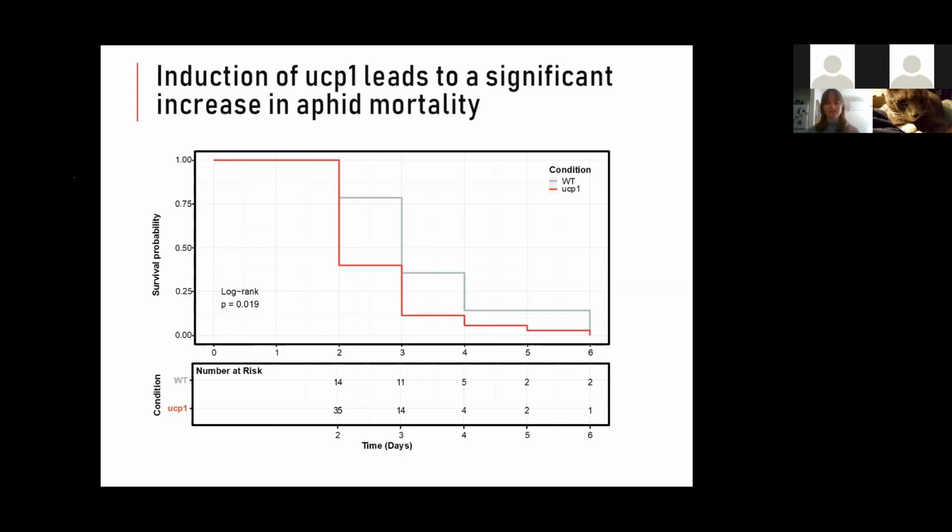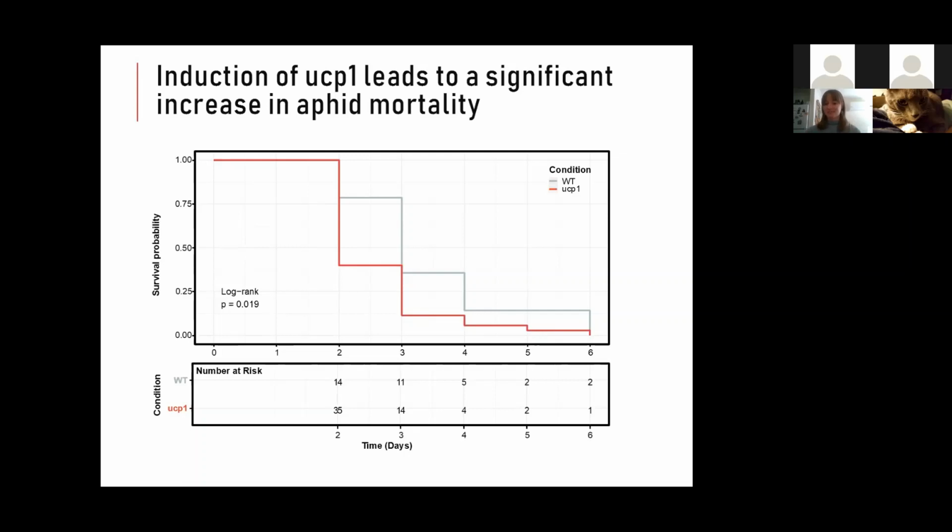So all the aphids that I'm showing in this chart, for simplicity's sake, have been fed on that arabinose inducer. In red, we have the line that shows the survival curve for the UCP1 aphids, and in gray you have the ones that do not have that toxin plasmid. And we've been able to achieve significance of greater than 0.05%.